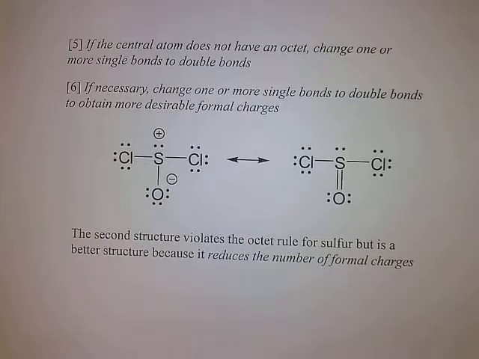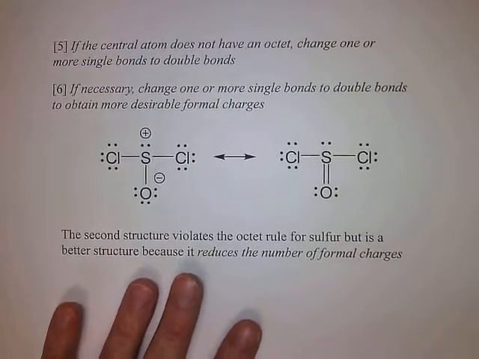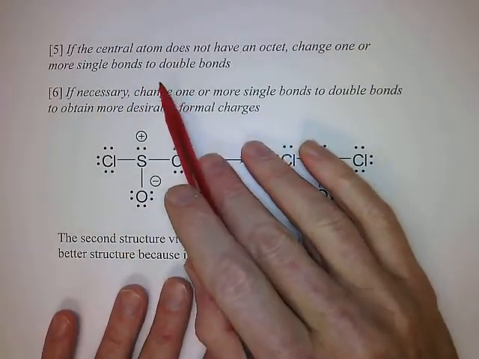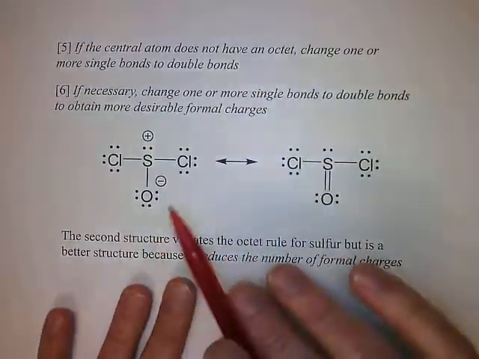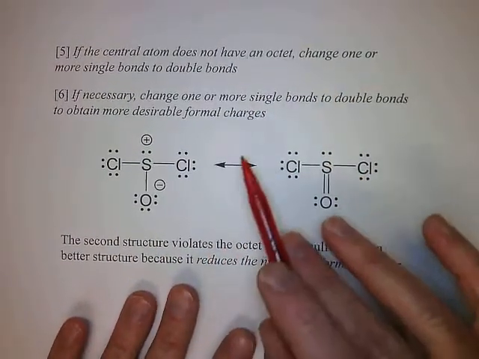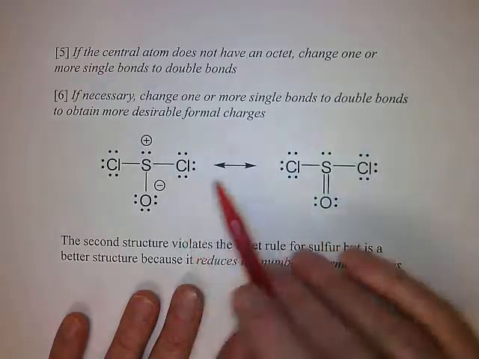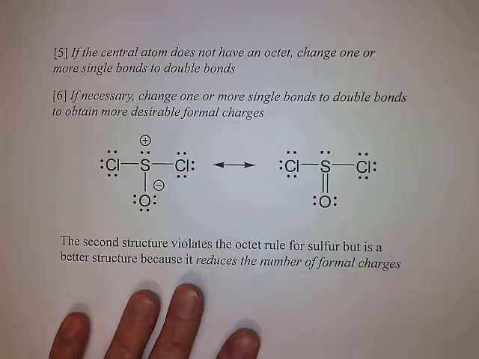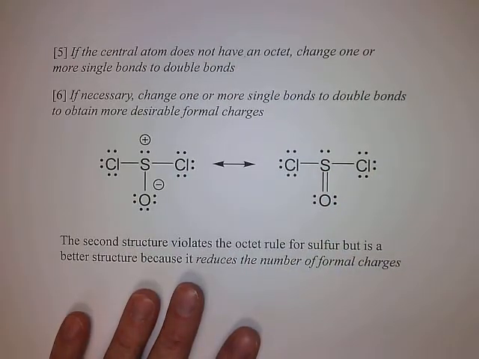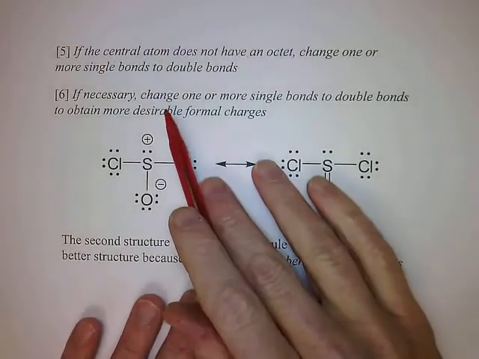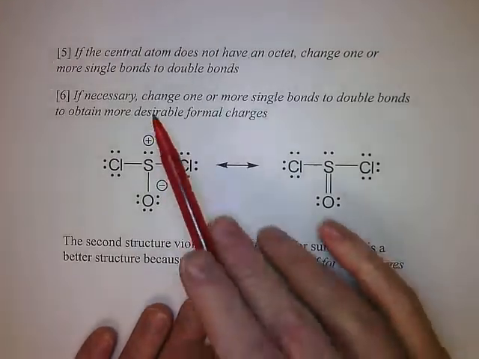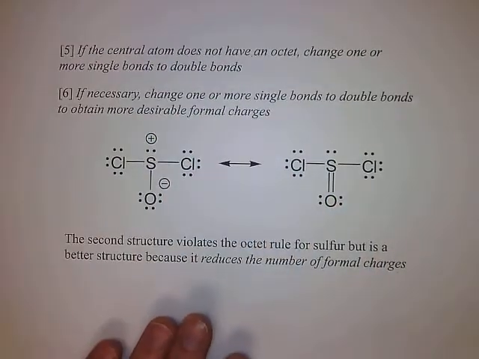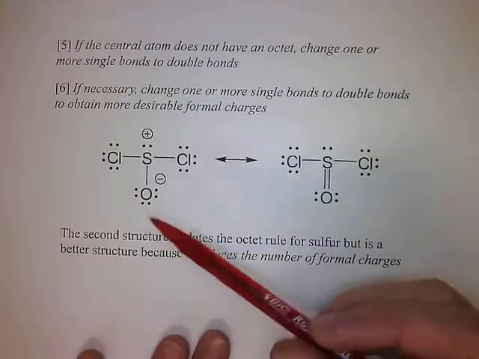Okay? So the next part of this procedure says if the central atom does not have an octet, change one or more single bonds to double bonds. That doesn't apply here. Our sulfur had an octet. And our last step is, if necessary, change one or more single bonds to double bonds to obtain more desirable formal charges.